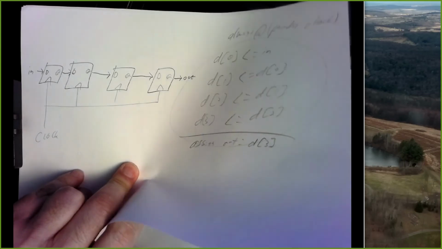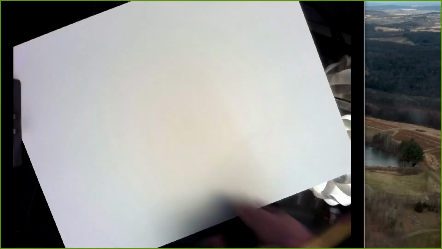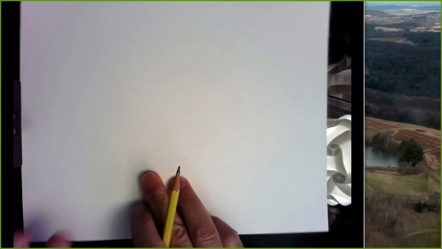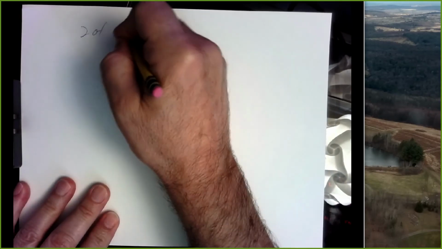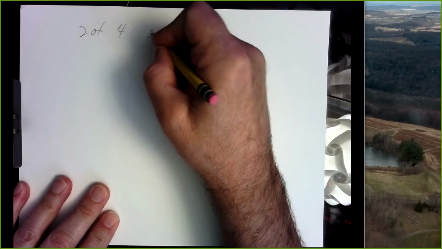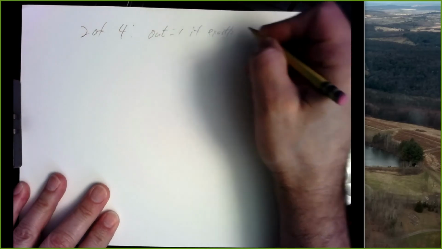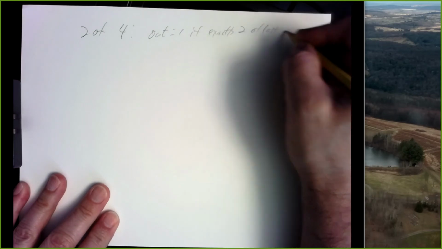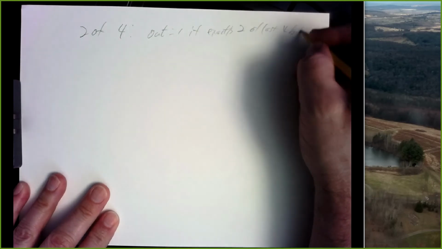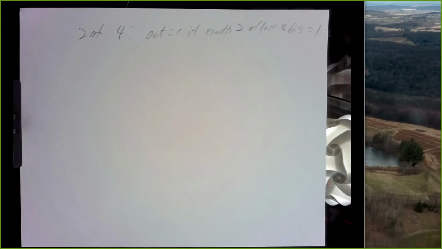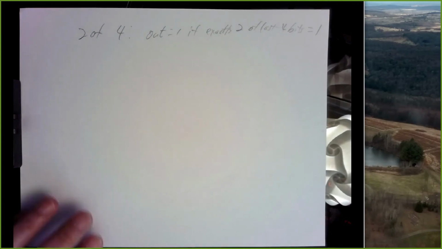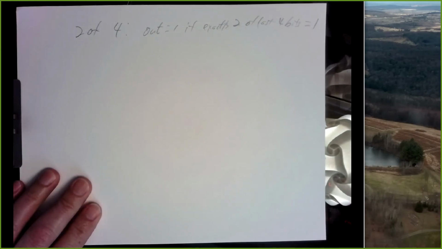So let's do a 2 of 4 detector. So 2 of 4. Our output will be 1 if exactly 2 of the last 4 bits that we've seen are equal to 1.